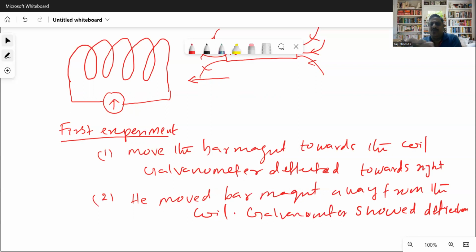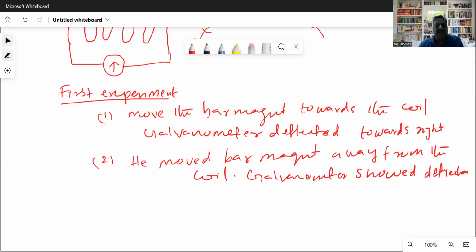Now, he kept the bar magnet stationary inside the coil. Then he did not observe any current. The galvanometer was not deflecting.